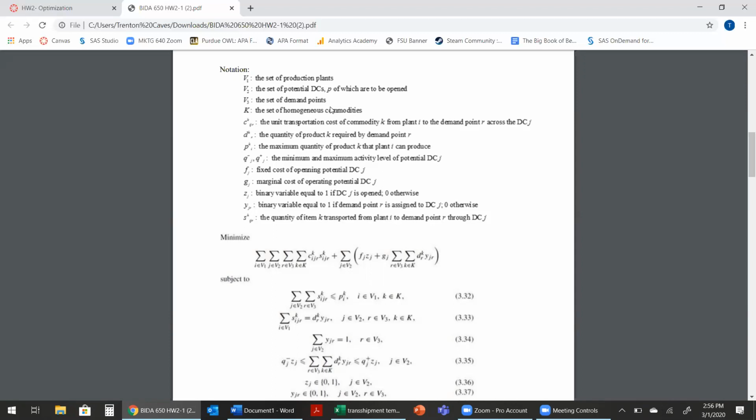They're the points that have the ultimate demand. And then K, it says, is the set of homogeneous commodities. So that is the commodities that are being created, our product.